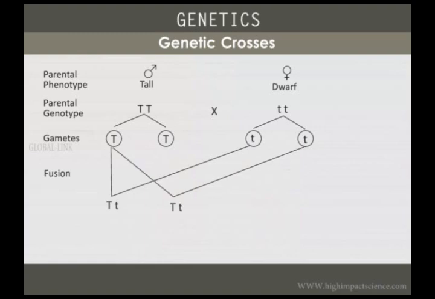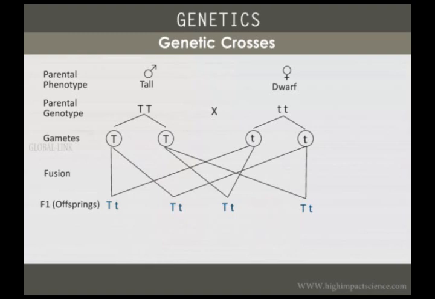And it's the same for all the others. So these are the genotypes of the F1 generation. As you can see, genotypically, all F1 generation plants are heterozygous. That is, they carry both genes for tallness and dwarfness in their cells.